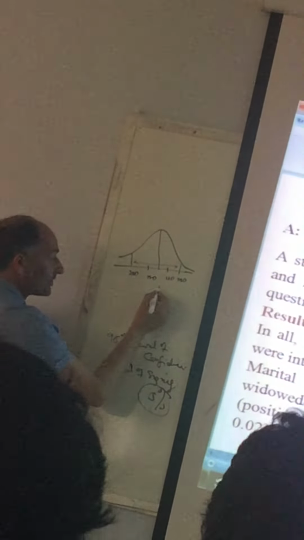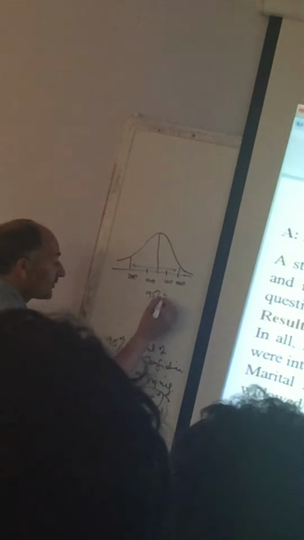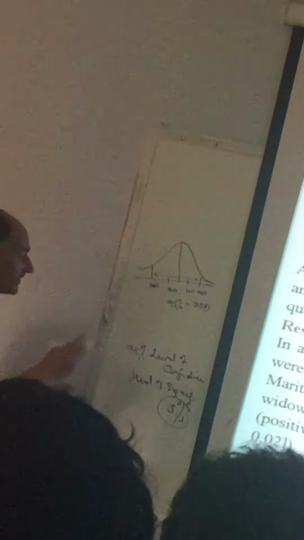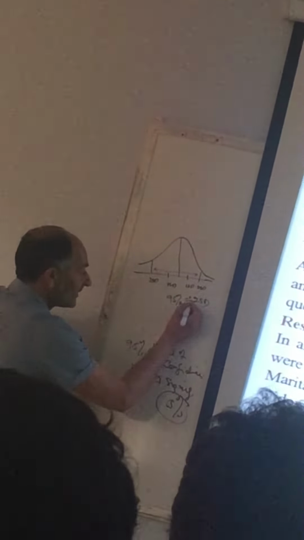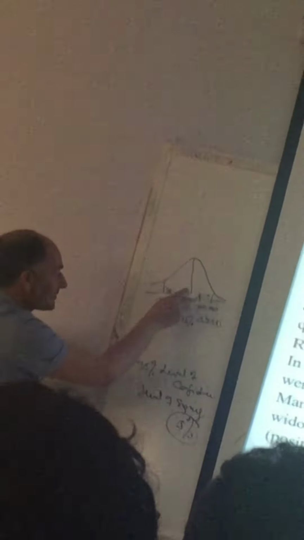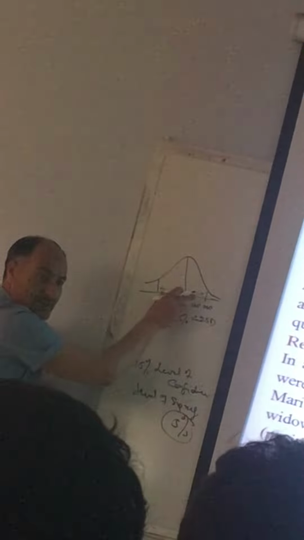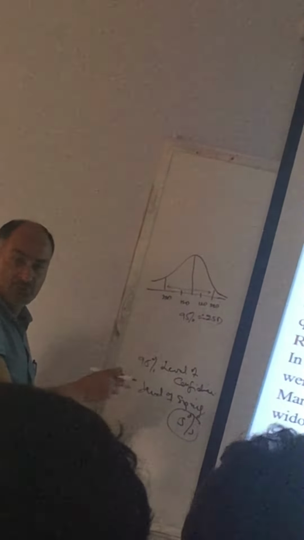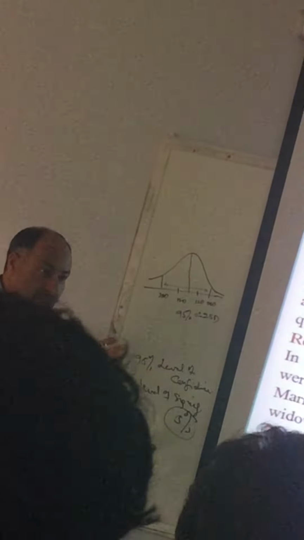So 95% level of confidence is equal to 2 standard deviations, plus and minus. 95% of values will fall here. Plus or minus 2 SD. Is that clear?